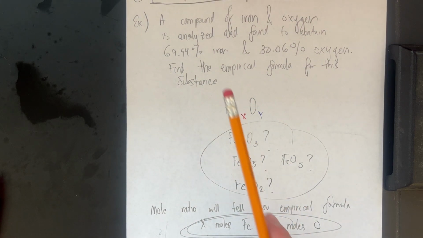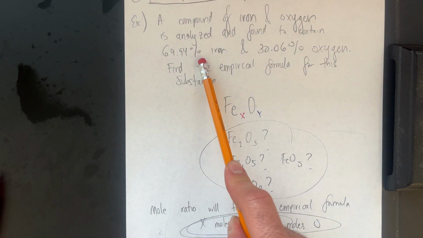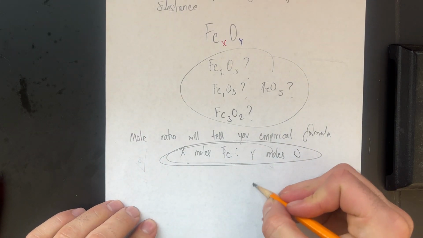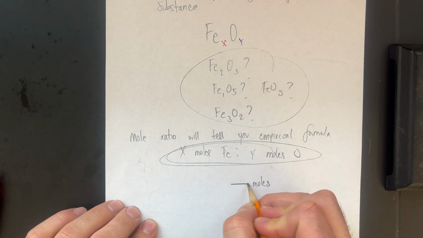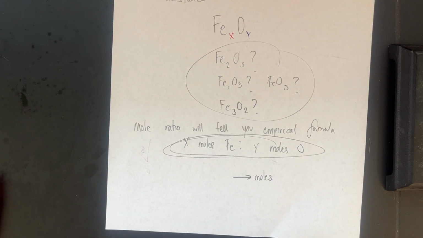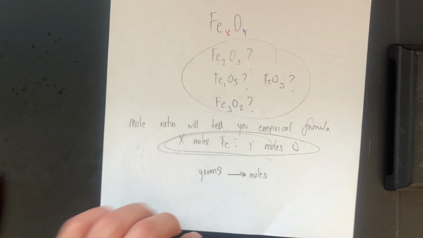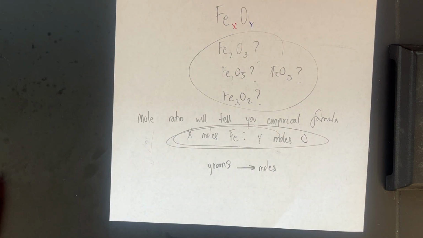Well, we're given percent iron and percent oxygen. And this isn't really useful because, in order for us to get to moles, we need to know either atoms or grams. And we're given percentages, so that's not very helpful. Now, I'll give you a hint: we're going to go from grams, not from atoms, to get to moles.